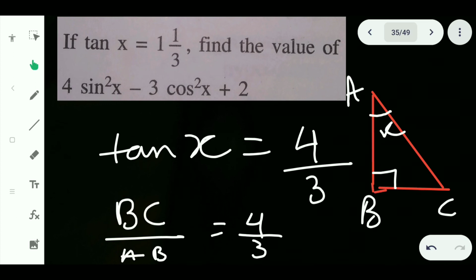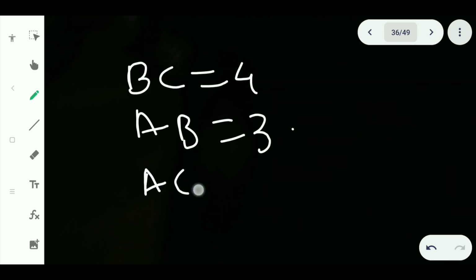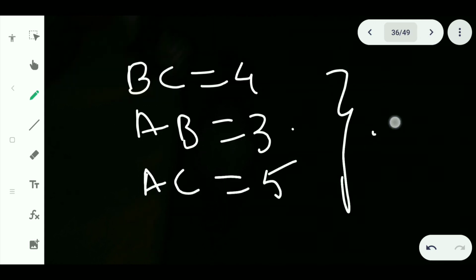BC is 4, AB is 3, and you can just guess it, the value of AC will be 5. These are the values of the sides.